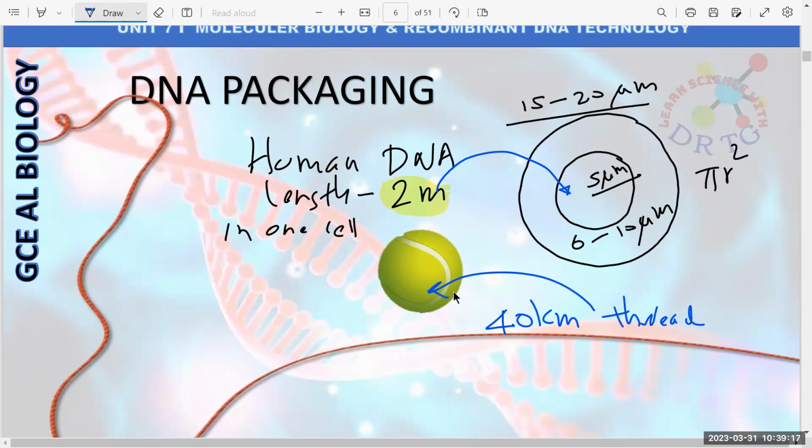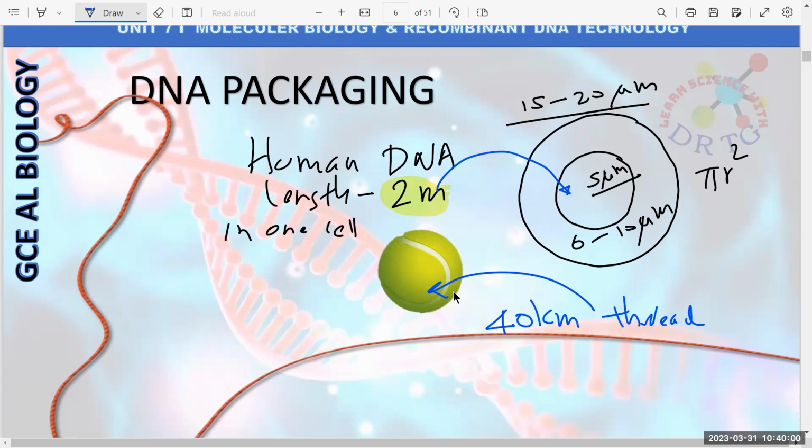If you are asked to pack a 40 kilometer long thread into a tennis ball, you can understand the difficulty. You have to push it in until all the length of the thread is inside. This is the task faced in packing DNA into the nucleus, a very big task.